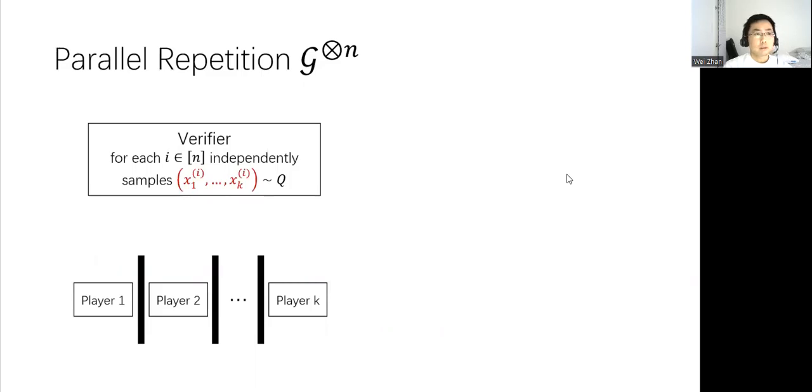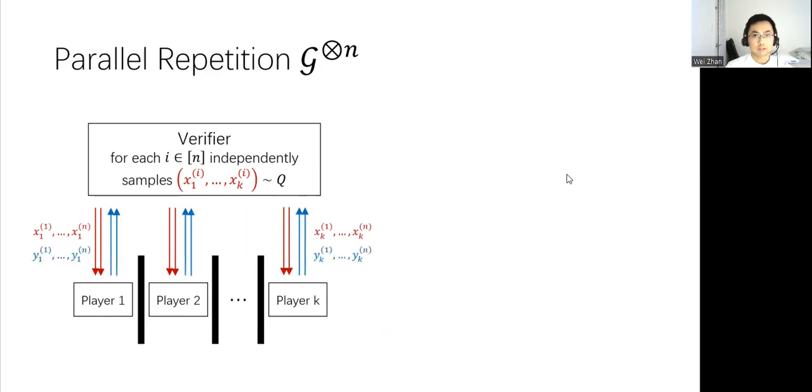Now, what is the parallel repetition? Well, in the n-fold parallel repetition, the verifier samples n questions independently and sends to player i the collection of part i in each one of the n questions. Now, each player can decide its answers based on the n inputs it received altogether and send it back to the verifier.